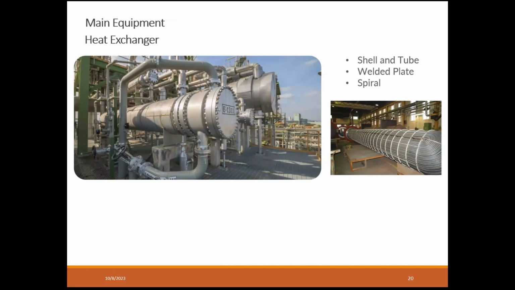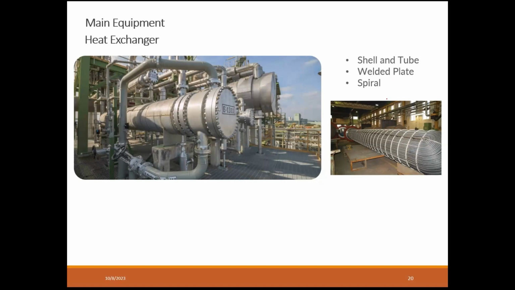So we have shell and tube, welded plate, spiral. Shell and tube, these are the typical design. Welded plate, just imagine plates with very small holes in between in contact together. The main purpose is to create more surface area contact between the hot stream and the cold stream, so we can recover heat as much as possible.